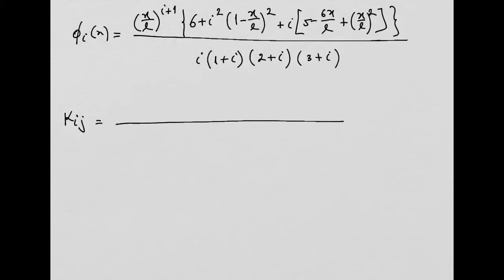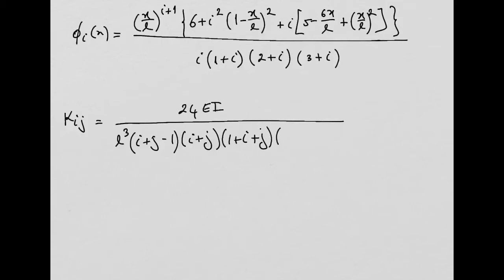For the stiffness matrix, you get this 24 EI over L to the power of 3. I'm just going to copy.